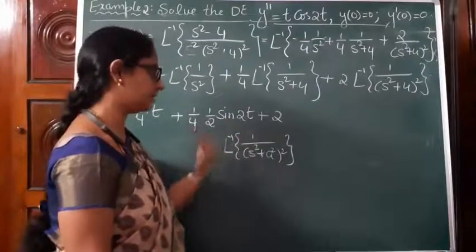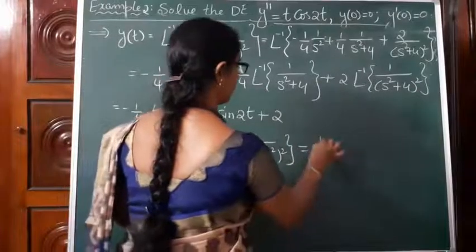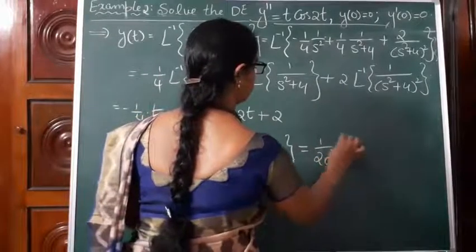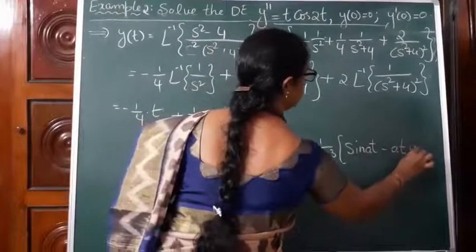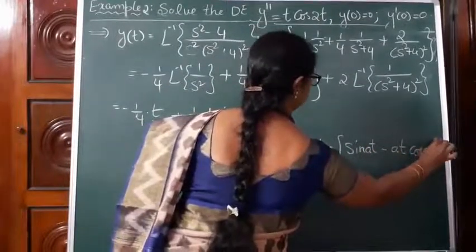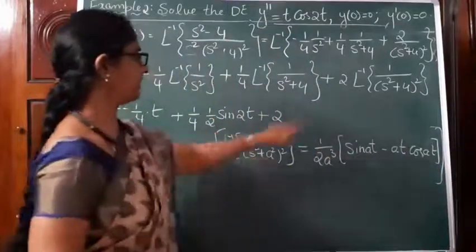You can refer to the previous lectures for this. It is equal to 1/(2a³) (sin at − at cos at). So we apply this formula here.